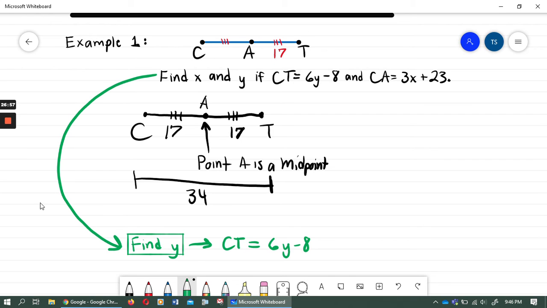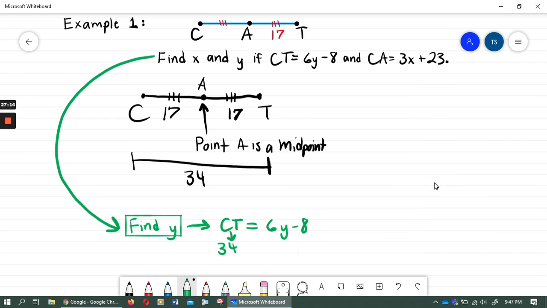We now know that the whole length of segment CT is 34, so technically we can replace CT with 34, because we know that. So now we just have a regular equation where 34 equals 6y minus 8.